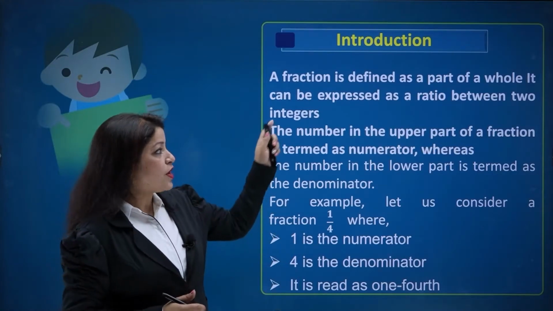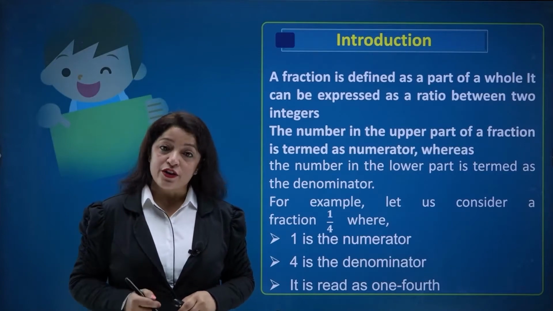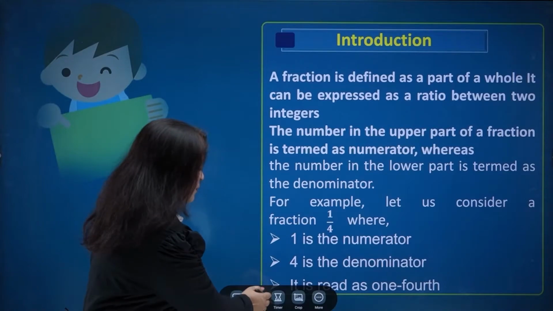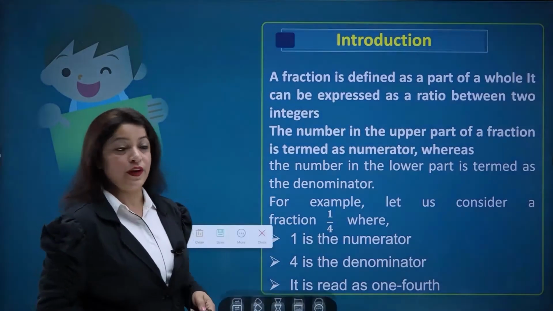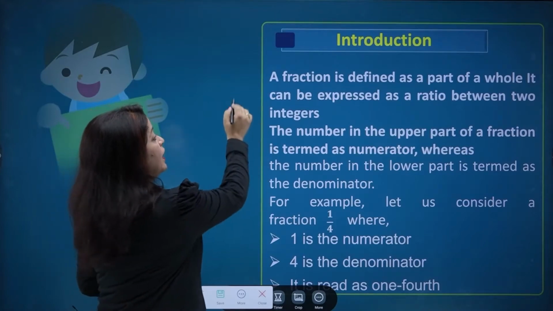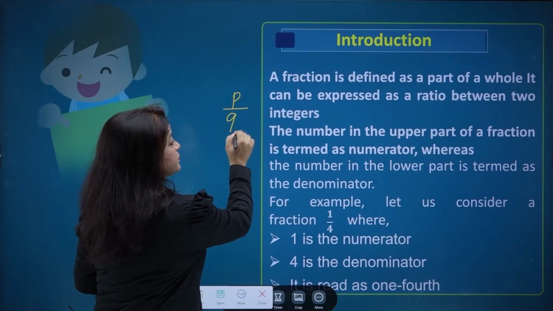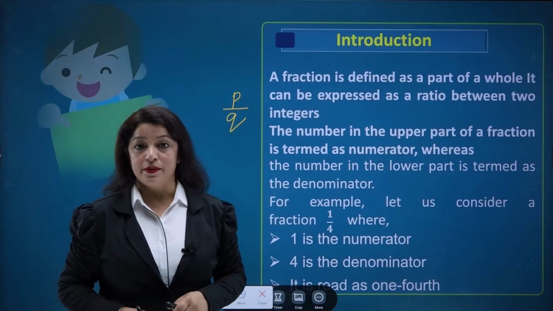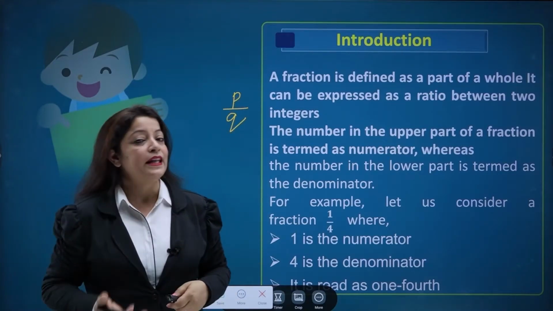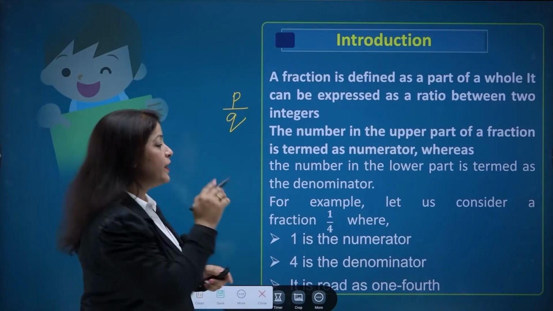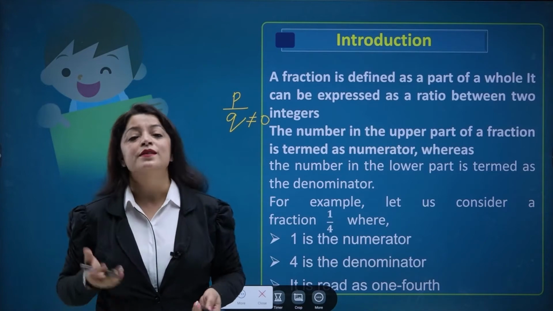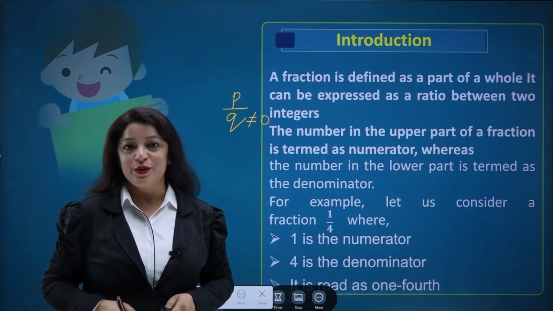That means in general we can say a fraction is a number which can be expressed in the form of P upon Q, where P and Q are both natural numbers, where Q cannot be equal to 0, but of course P can be equal to 0 in this case.